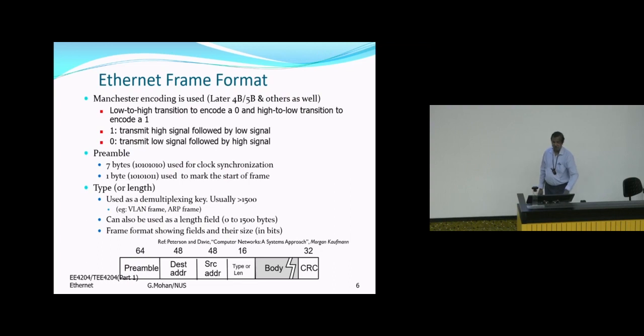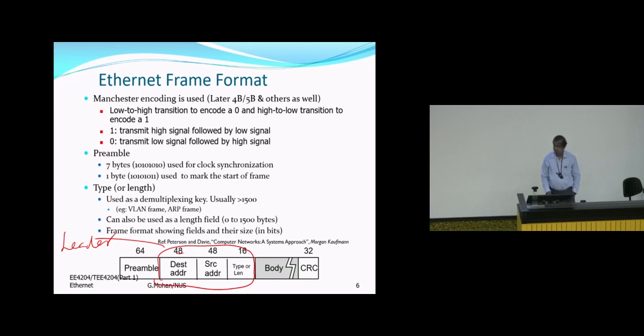Now let's look at the Ethernet frame format. If you look at this frame, you can see that there is a header. So this part is the header. The header carries a 48-bit destination address. I think we have seen this in the lecture notes too, if I'm not wrong.